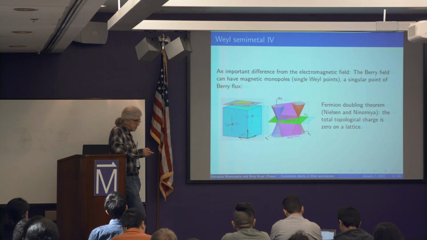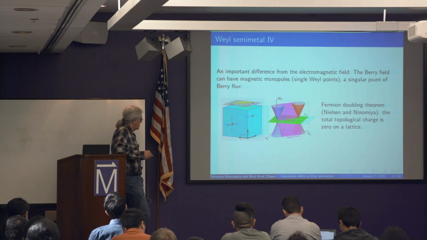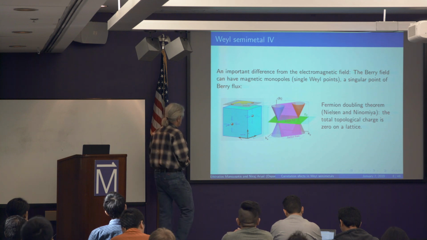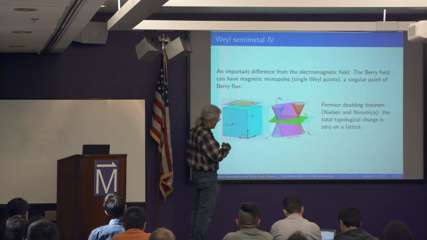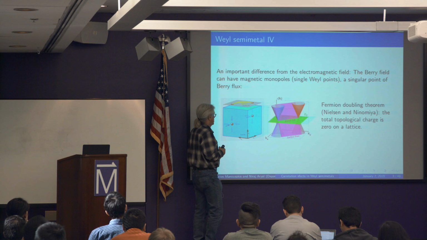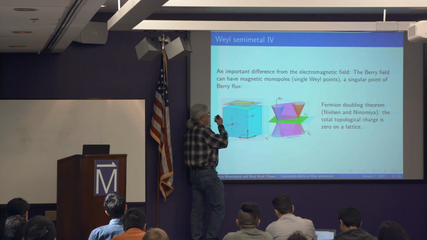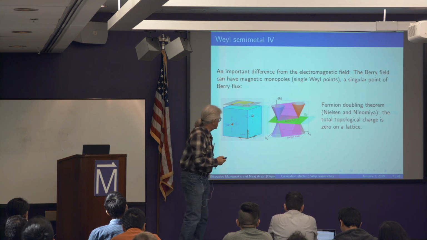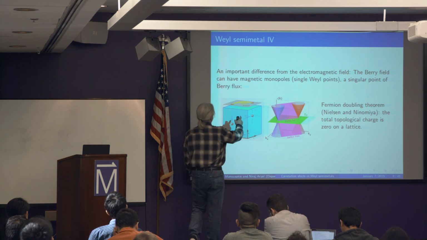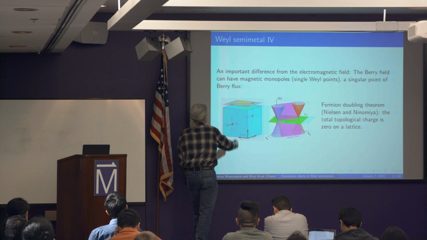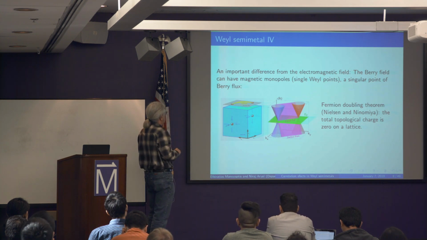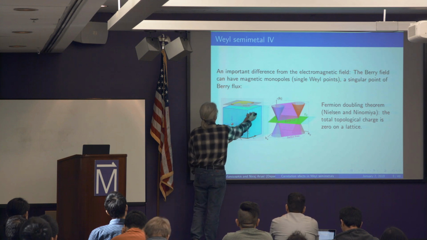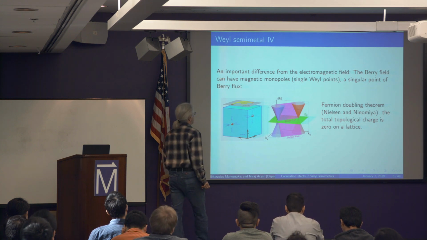Another issue that comes up in these things is that you end up with Fermi arcs, as opposed to surface states in the topological insulator case. They are pieces connecting points on the surface, and this arises from the fact that you have topological singularities or topological charges, and the Berry flux has to emanate from one and be absorbed in the other.